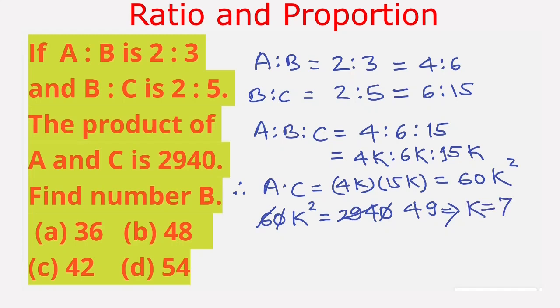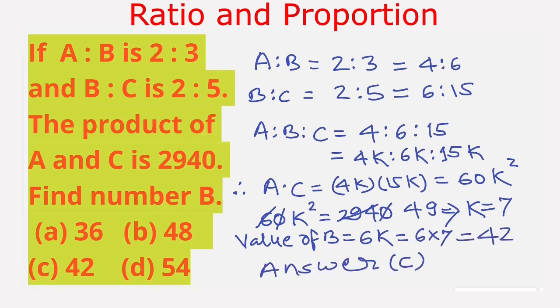Now it is asked the value of B, and value of B is 6K, which is equal to 6 multiplied by 7 equal to 42. Therefore, our answer is option C, value of B equal to 42.